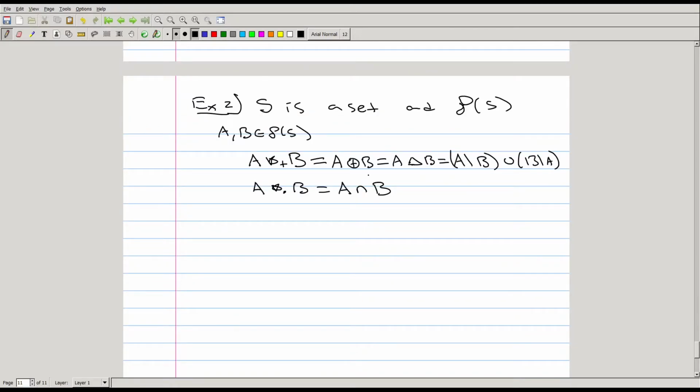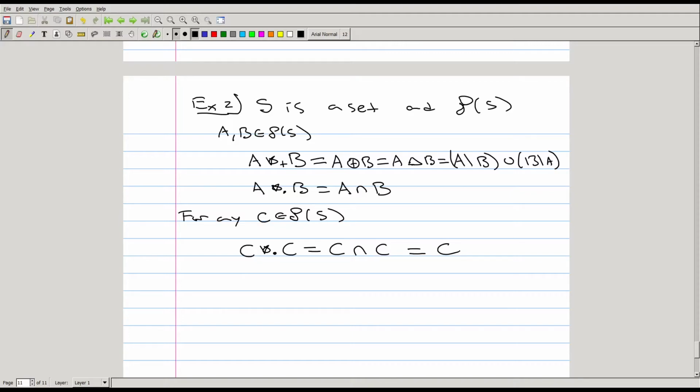Sure enough, this is going to be a Boolean ring because for any set C, a subset of S, so in the power set of S, C squared, or C star dot itself, is just going to be C intersected with C, which is equal to itself.